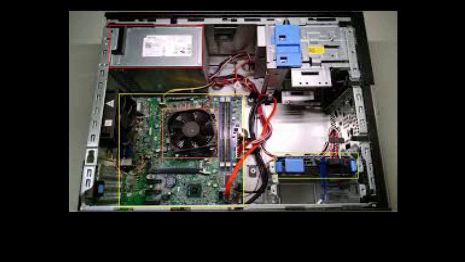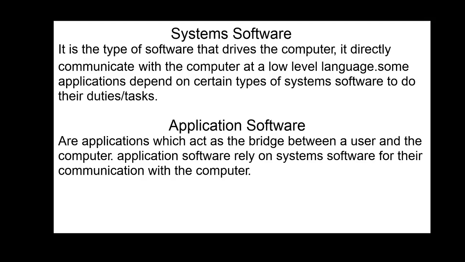The software part is composed of the applications that we use in a computer, or the applications that aid us in using the computer, because there are applications that are inside our computers, but we basically do not directly communicate with those applications.